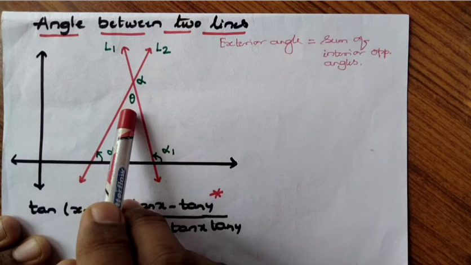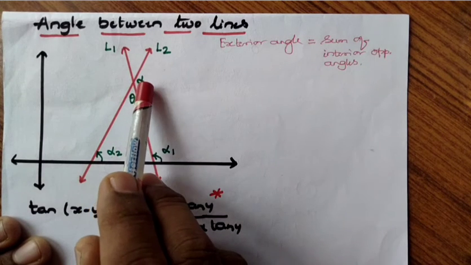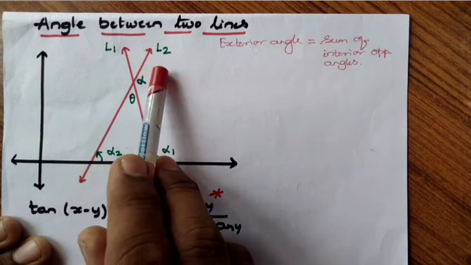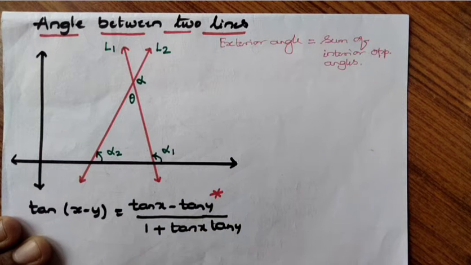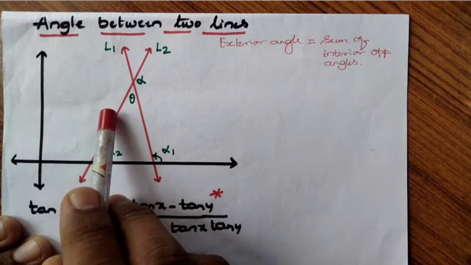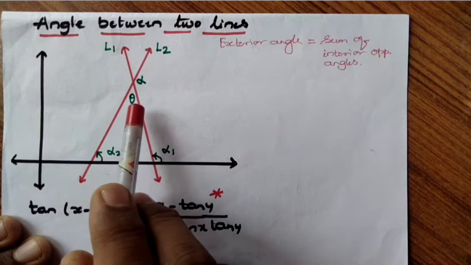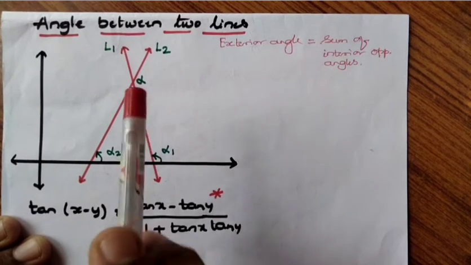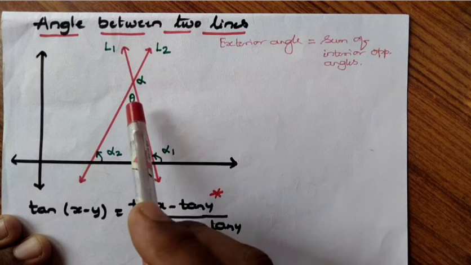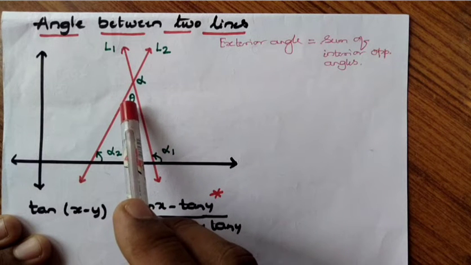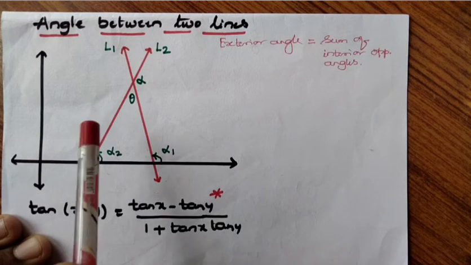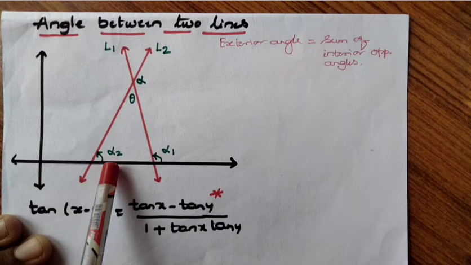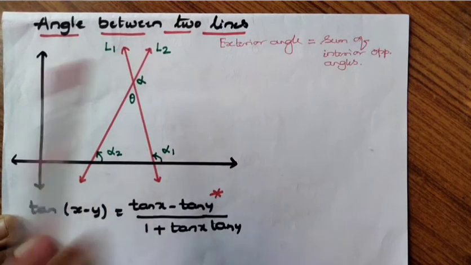Here we notice that theta and alpha are the angles between the lines L1 and L2. Now we are going to find the angle between the lines by using the concept of slopes. With the help of the slopes of lines L1 and L2, we can find the angle between the two lines, that is theta and alpha. Let alpha 1 and alpha 2 be the inclinations of lines L1 and L2.